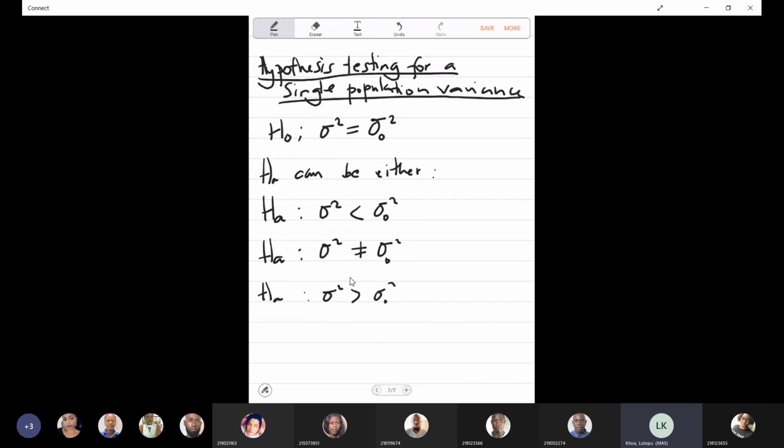Okay, now the first one and the third one, these are one-tailed tests. This one is upper, and this one is lower tail test.